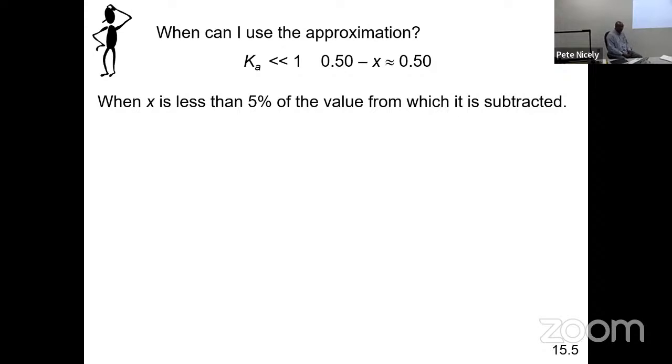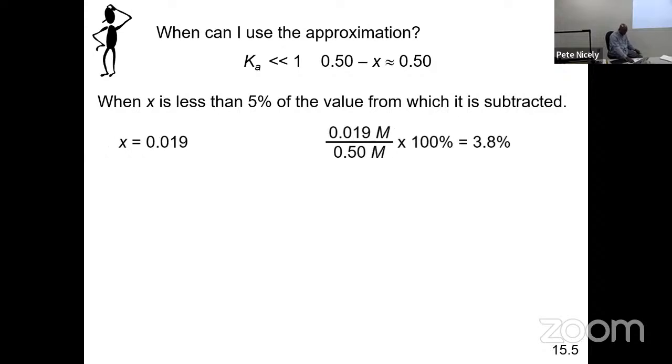So in other words, if the amount of the original acid that has reacted is less than 5% of the original concentration of the acid, then the approximation is valid. If not, then we have to go the longer route, all right?